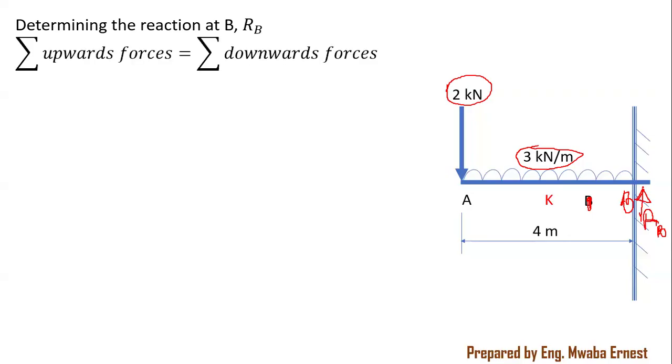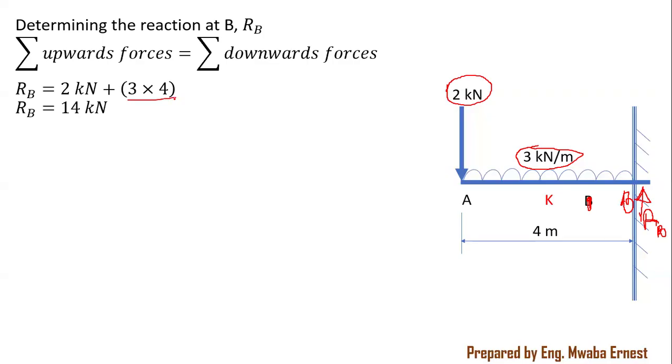So with that in mind, we proceed to use the principle of moment, summation. The principle of equilibrium: summation of upwards forces is equal to summation of downwards forces. Upwards forces, it's just this one. Downwards forces, the first one is 2 kilonewtons. The second one is this UDL covering the length of 4 meters, so we multiply 3 times 4 to get that one.